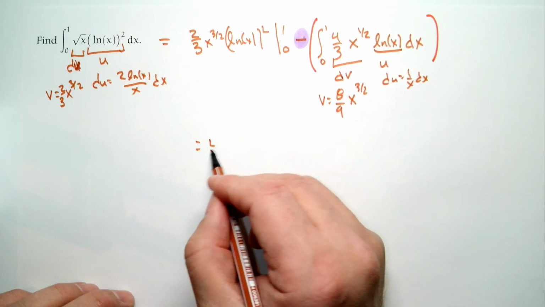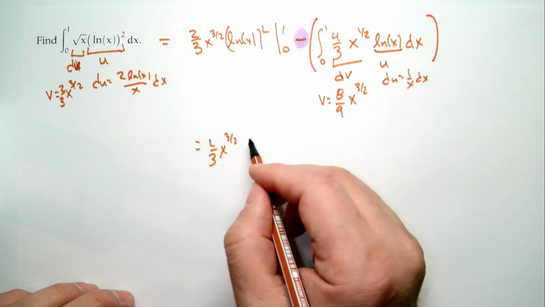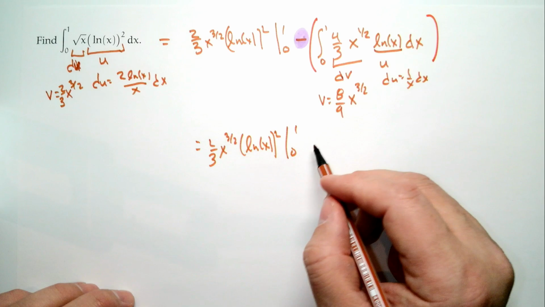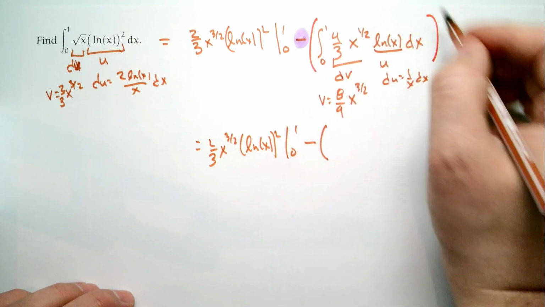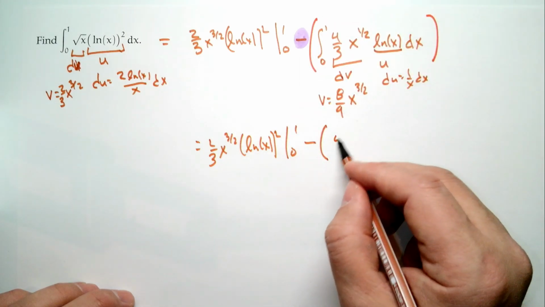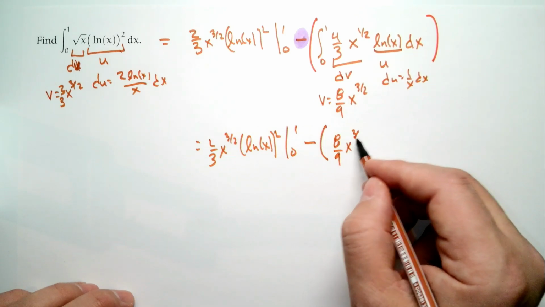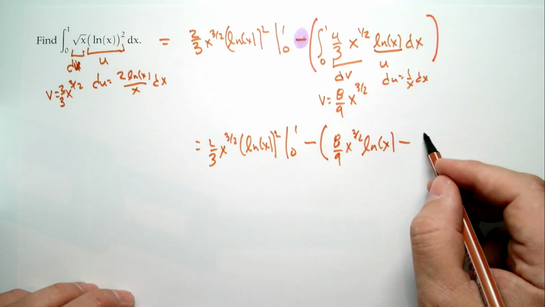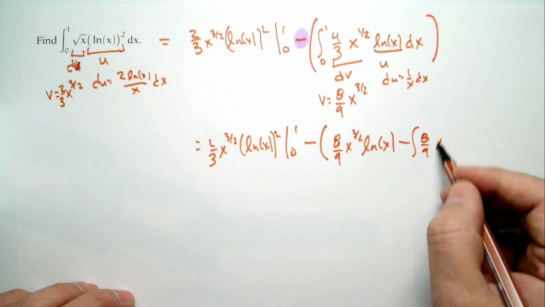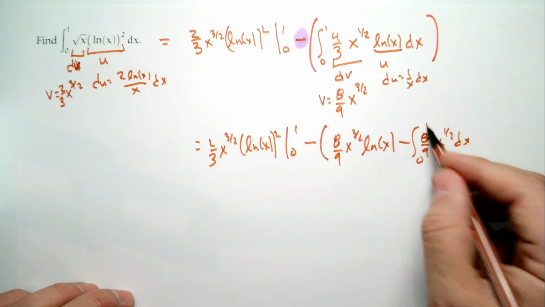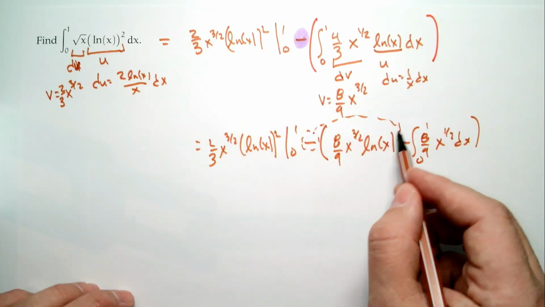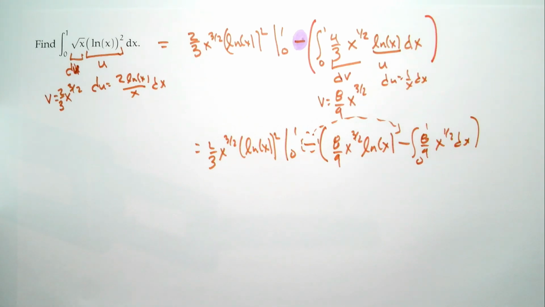Then what we get is 2/3 x to the 3/2 natural log of x squared, evaluated from 0 to 1, minus parenthesis, then uv, 8/9 x to the 3/2 natural log of x, minus the integral of v du, which would be the integral of 8/9 x to the 1/2 dx. See, so this minus comes through. So don't forget it. Don't forget it.